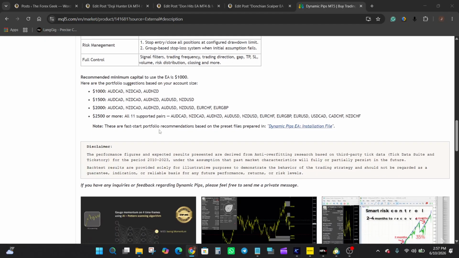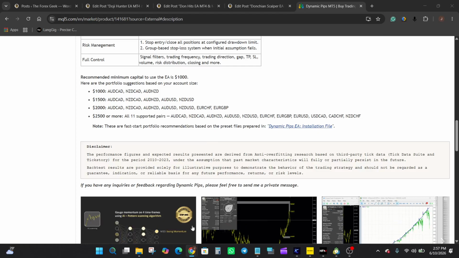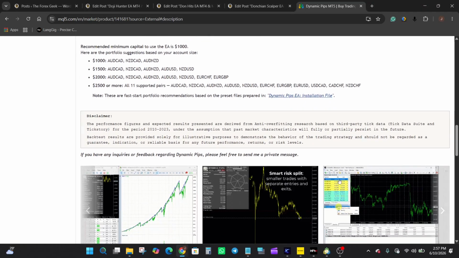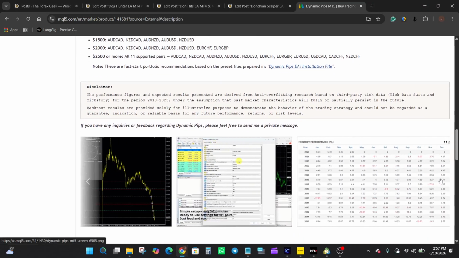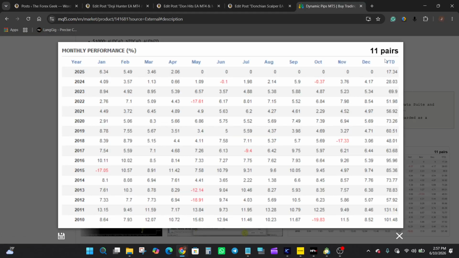So moving into the backtesting section, I'm now just going to first of all look at the information provided here. 11 pairs, 2010, 101.48%, 2011, 131.14, and so on.